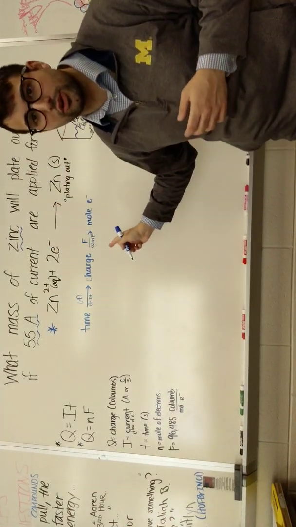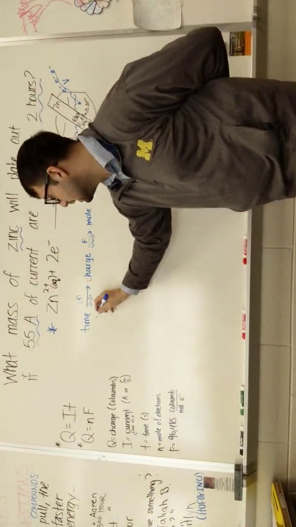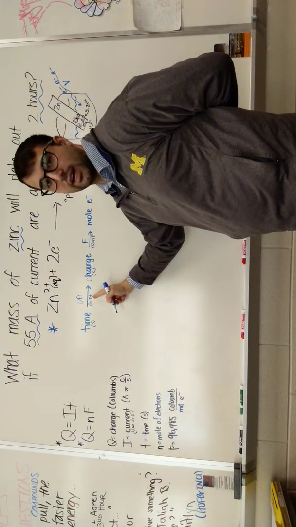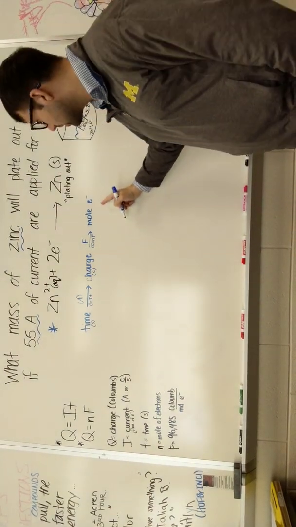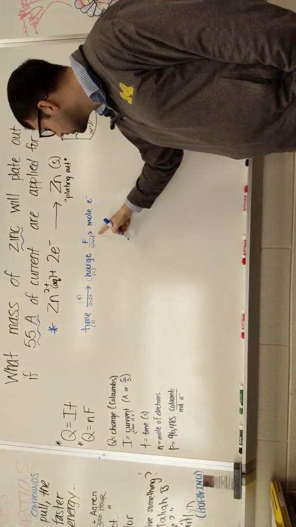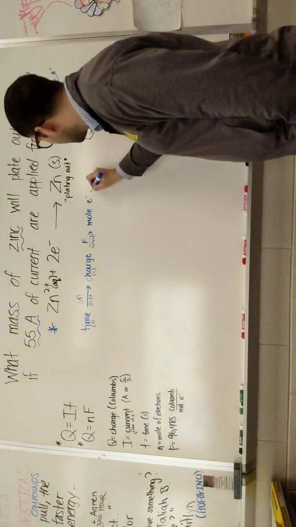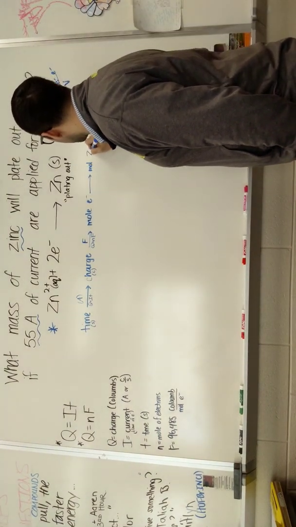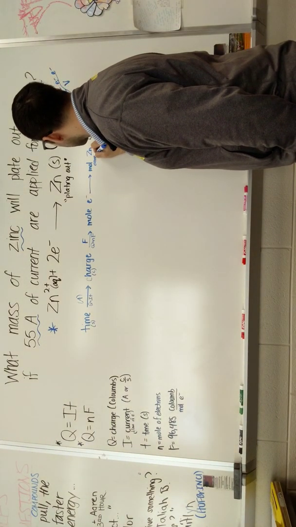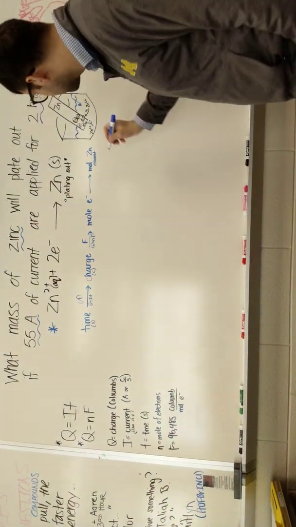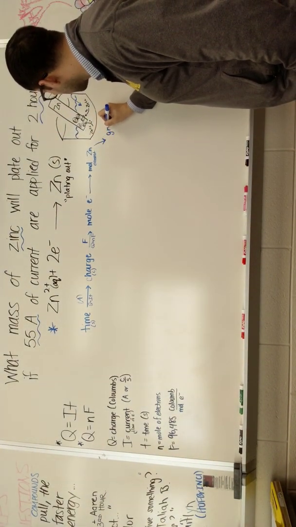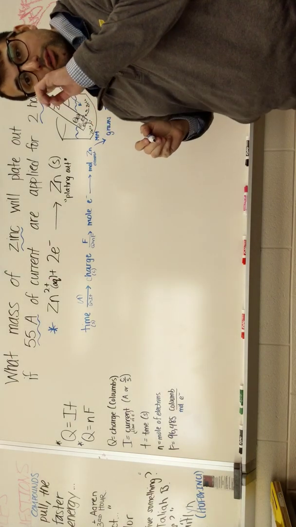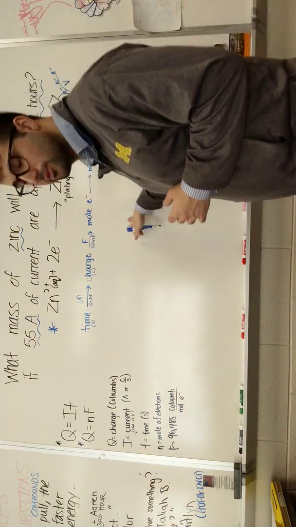I don't know if you can see that from here, you could zoom in, but I want to go from my time in seconds to my charge in coulombs, and I do that with Q equals IT. And then I want to go from my charge to how many moles of electrons are associated with that charge using Faraday's constant, or Q equals NF. And then if I figure out how many moles of electrons there are, I can figure out how many moles of my zinc or my element there are. And then once I get my moles of zinc, I can easily figure out my grams of zinc using the molar mass.